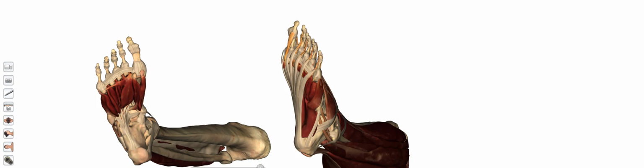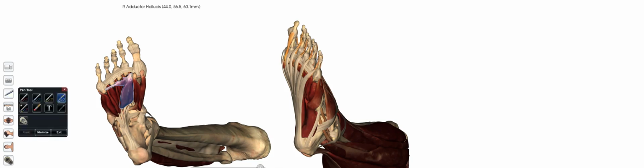So we are into our third layer of the plantar aspect of the foot, and we have some interesting muscles here. So the first one I'm going to deal with is that middle muscle, and this is going to be the adductor hallucis. Now remember that midline is going to be right here, so adduction is going to be moving the big toe towards the midline.